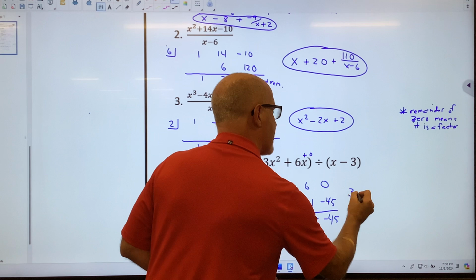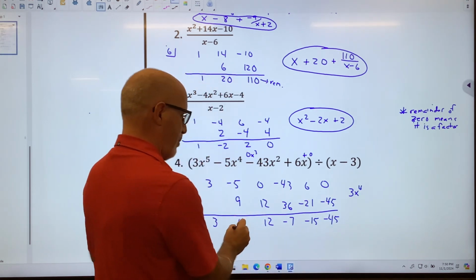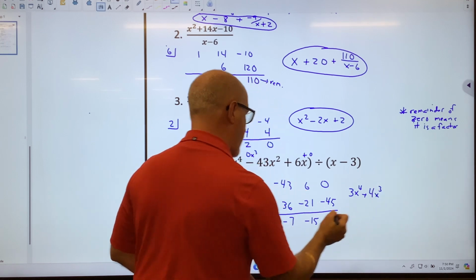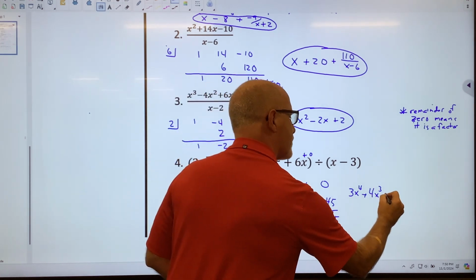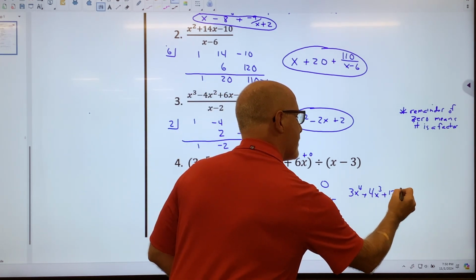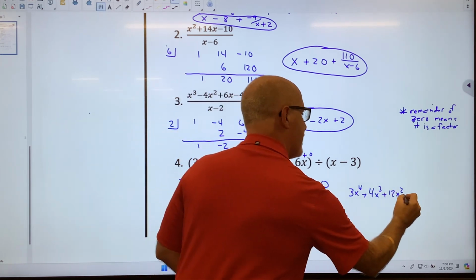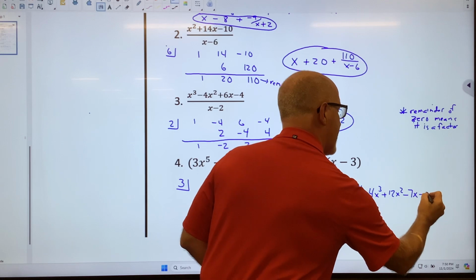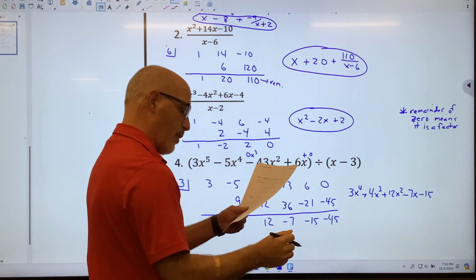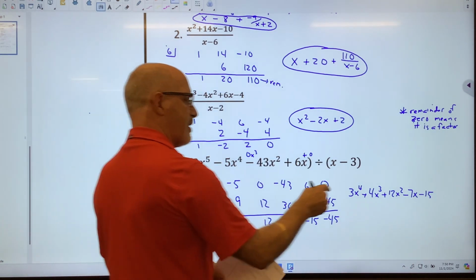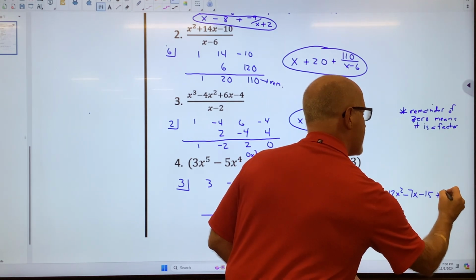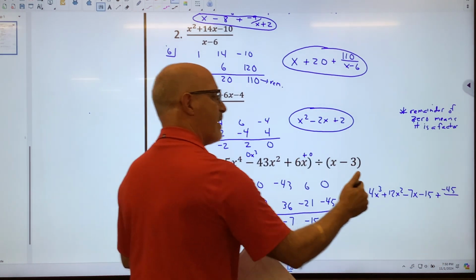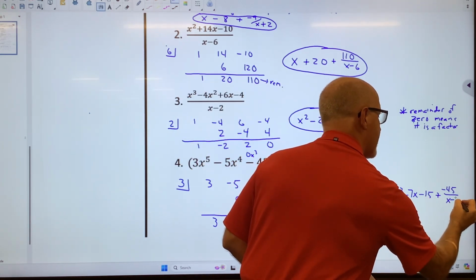So 3x to the 4th plus 4x to the 3rd, just going down in powers here, plus 12x squared minus 7x, then minus 15 is my constant, and then I have to go ahead and add the remainder, which is negative 45. I'm going to put it over my binomial divisor, x minus 3.